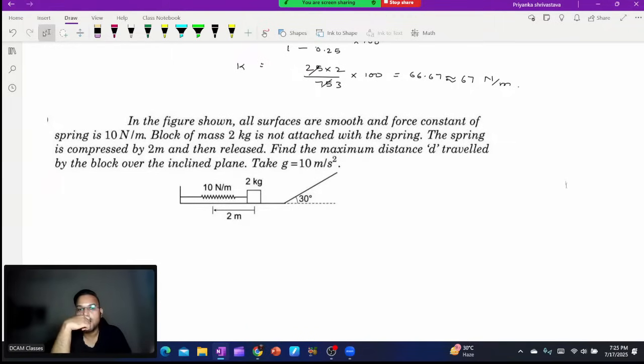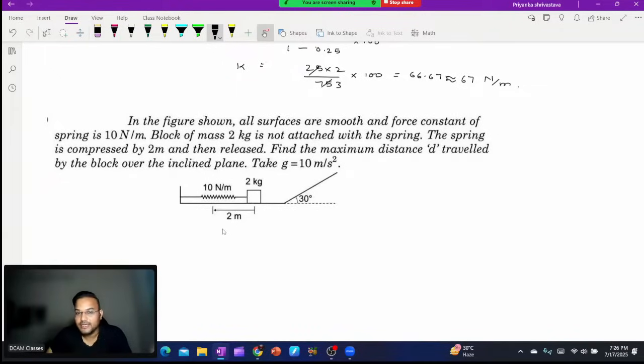So we'll get v square. From that, it is moving on an incline. When it will move to the top position, it will stop. There only it will have potential energy. It's a very big hint. Is it 2 meters?